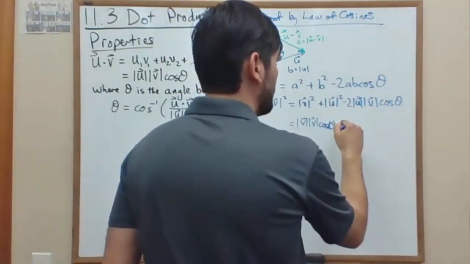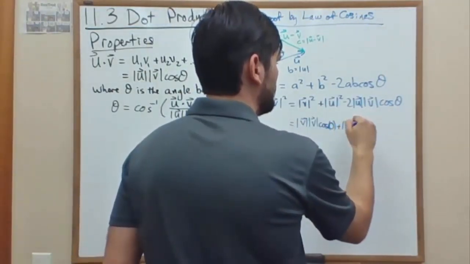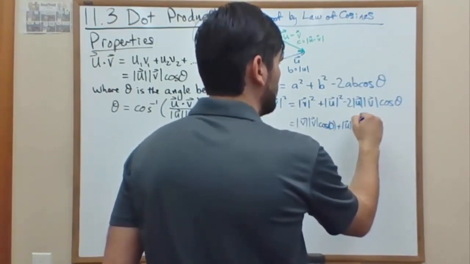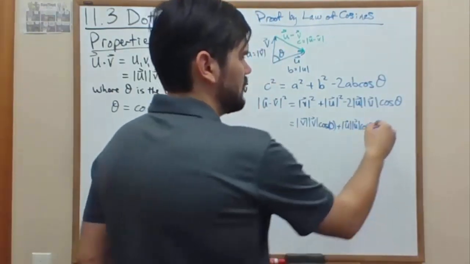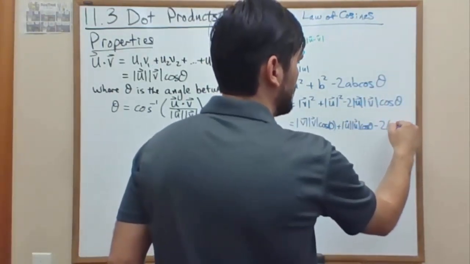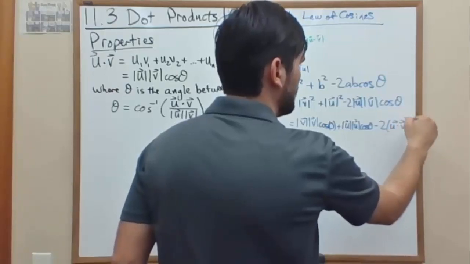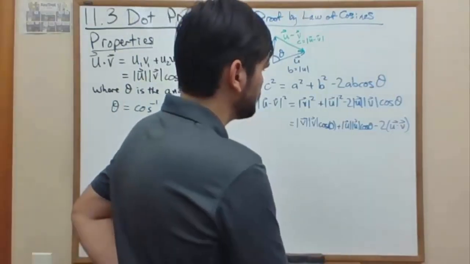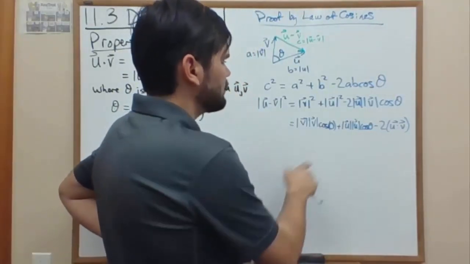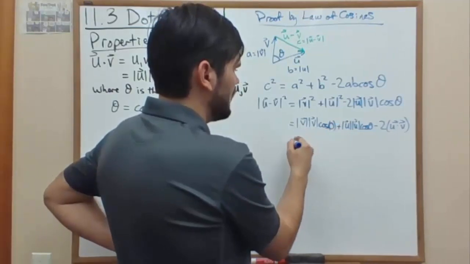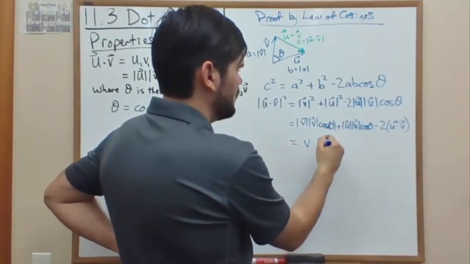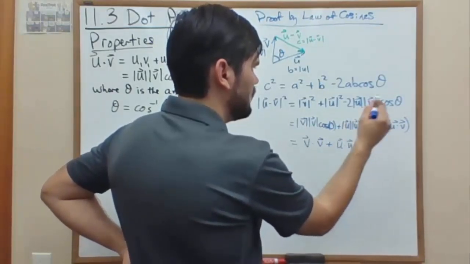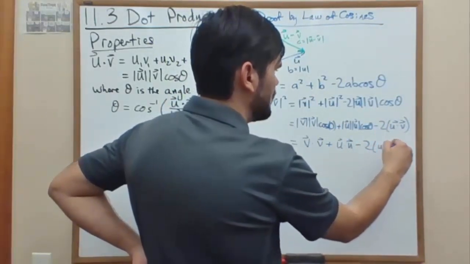The magnitude of u squared is the same thing: magnitude of u times magnitude of u times the cosine of 0. And then we're subtracting off 2 times the dot product of u and v, from our physical notation. Over here we have v dotted with v plus u dotted with u minus 2 u dotted with v.